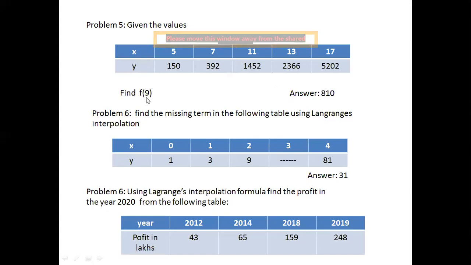Asked to find the value at f of 9 means you start like this: in the numerator, it is 9 minus 7 into 9 minus 11 into 9 minus 13 into 9 minus 17. That's the numerator. Denominator 5 minus 7 into 5 minus 11 into 5 minus 13 into 5 minus 17 into 150. That's the first term. Like that, continue like this, add all this. Finally, we get this is 810, right?